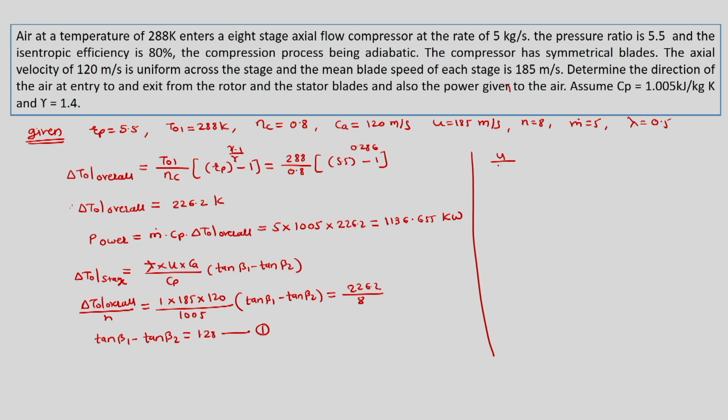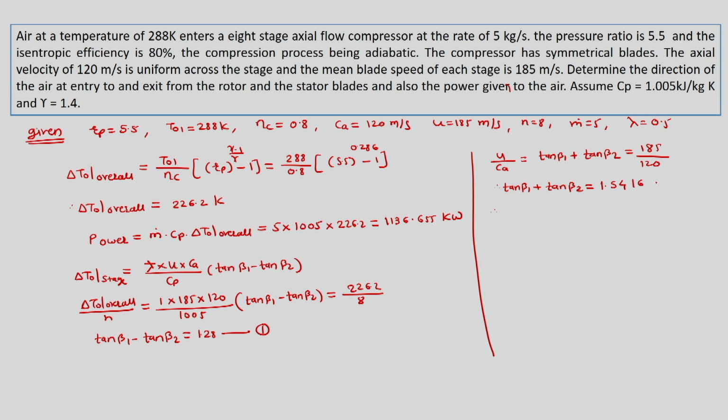From degree of reaction 50%, we know U by Ca is equal to tan beta 1 plus tan beta 2. So U is 185 and Ca is 120. So we have tan beta 1 plus tan beta 2 is equal to 1.5416.